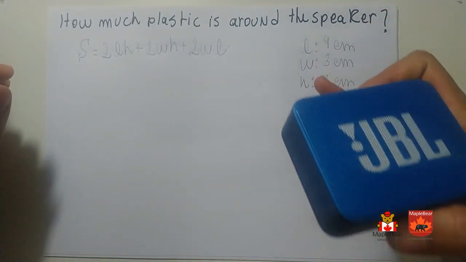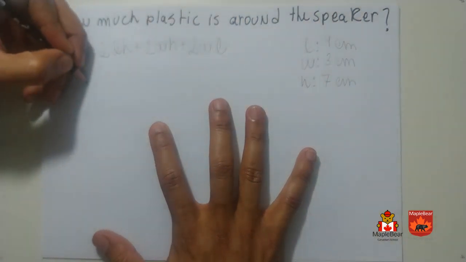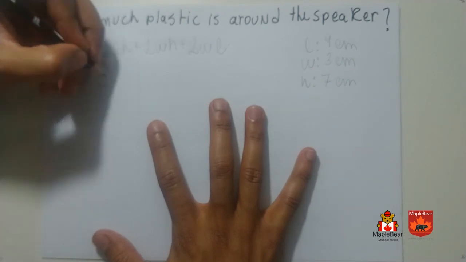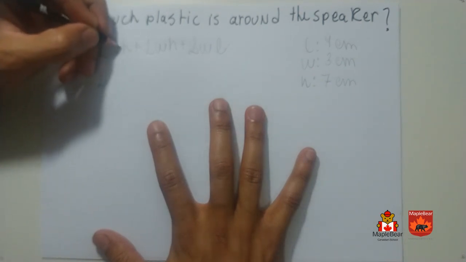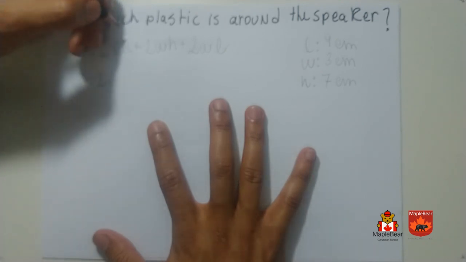Now that I already know length, width, and height, let's do the calculation. I'm going to replace all the numbers in my formula. Remember that when there is nothing between a number and a letter, that means they are multiplying.